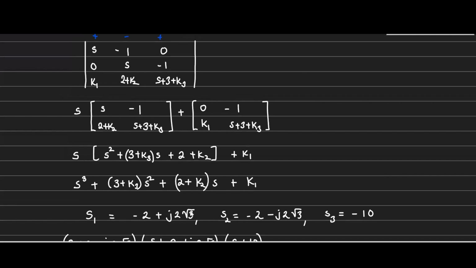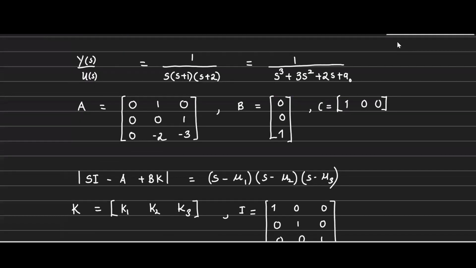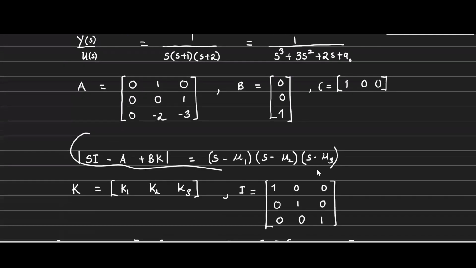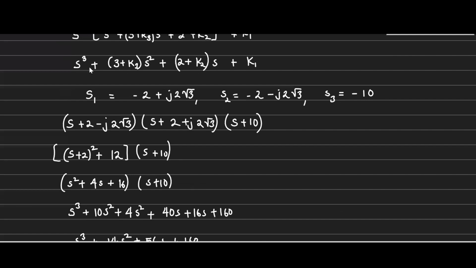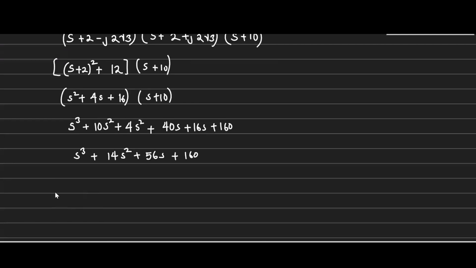Now, according to this equation here, we have to equate these to each other, right? So we have this characteristic equation, which is S cubed plus and so on, and then this other equation. So we start with the first one. S cubed plus, what is inside here?